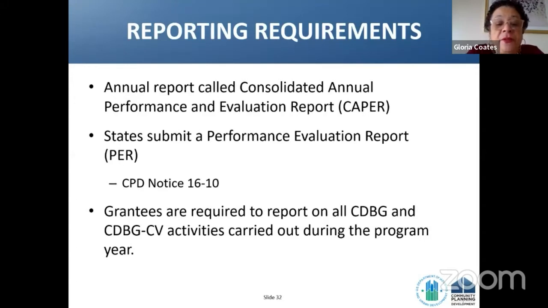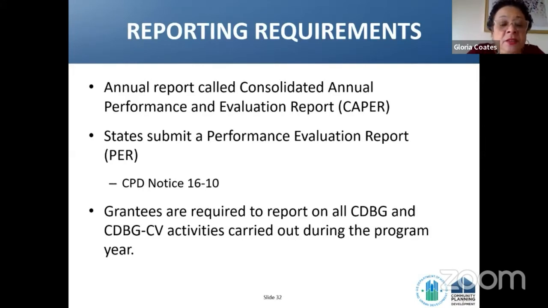For example, if a grantee decided to wait and apply for its 2020 grant, August 16, 2021, and we had a lot of grantees that did this, which means they didn't have a 2020 grant or CV for a while, they were still carrying out activities in the meantime. They probably were using 18 funds, 19 funds.